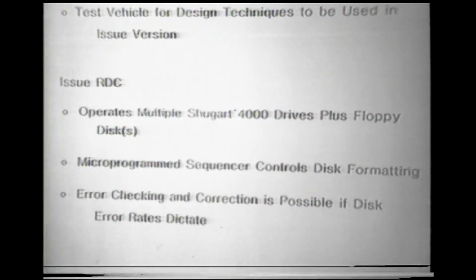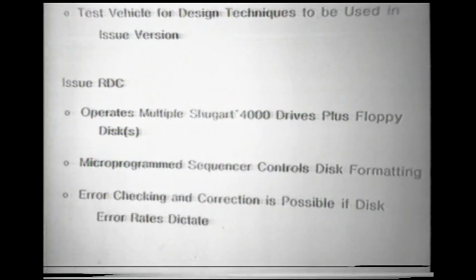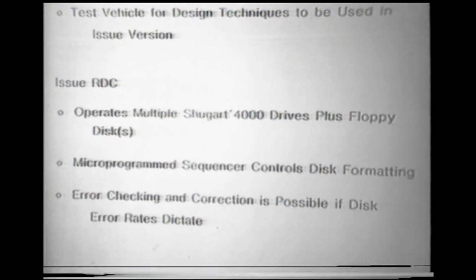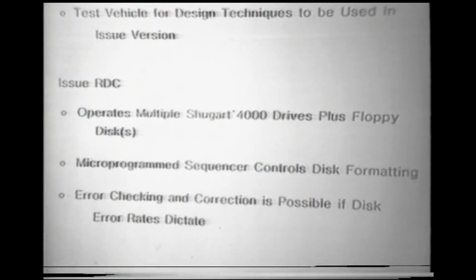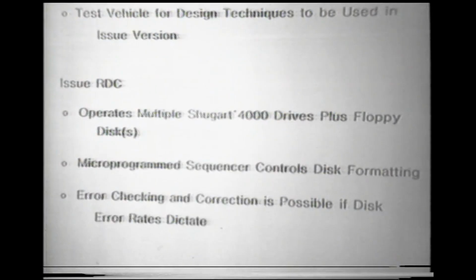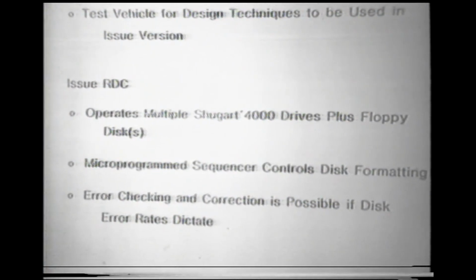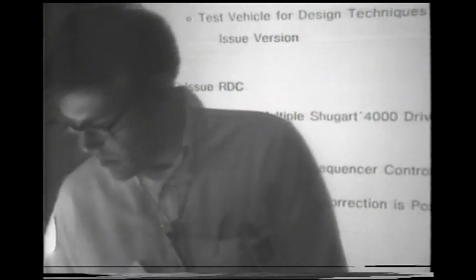The disk is a sufficiently demanding application that there's actually a little sequencer for that disk, which is essentially a little microprocessor itself right on the controller. And right now it appears that error correction is not necessary for that disk. Its reliability and error rates are quite good. But we're arranging things so that we can do that if we need to. And that is the end of those.